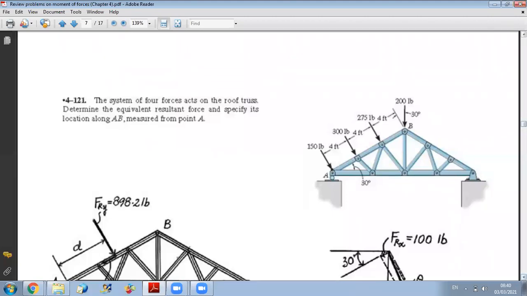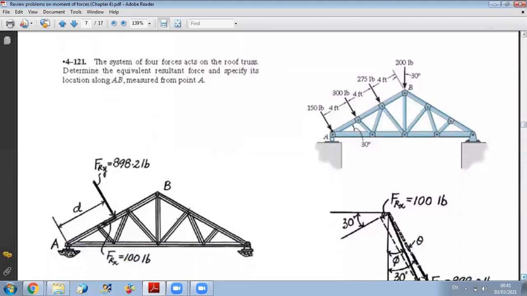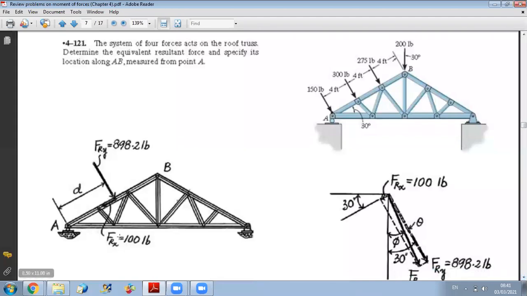I just want to give you a remark that once you find the location to displace from A, you can say that I can now displace this force along its line of action. So this is your resulting force here.